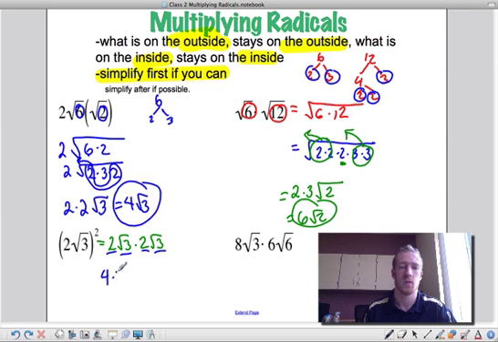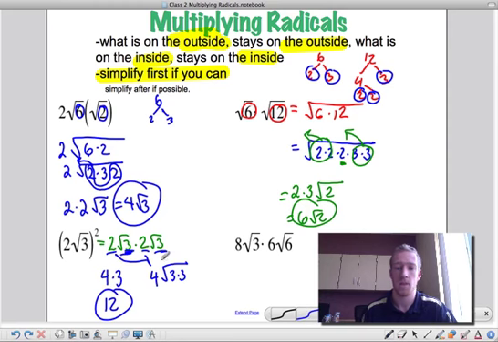So you're going to get 4 times 3, which is 12. There's our answer. If you didn't see that, you could still just blindly follow the process. 2 times 2 is 4. Root 3 times root 3, multiply the underneaths, or what's on the inside, and get 3 times 3. And then you circle your pair, take it out, you get 4 times 3, and that's 12.